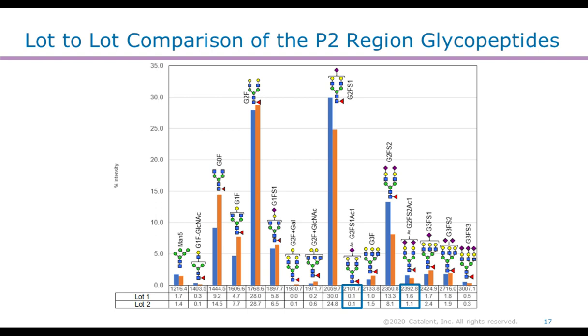When we look at the other region of the protein that was glycosylated, region P2, we see that it has a much higher percentage of N-glycans terminating in sialic acid. In addition, the neutral and sialylated N-glycans that we do detect are way more mature from a biochemical sense than those N-glycans detected at site P1.